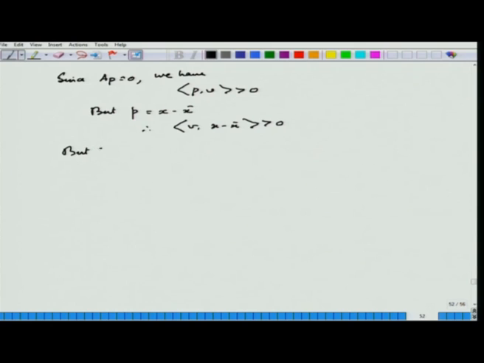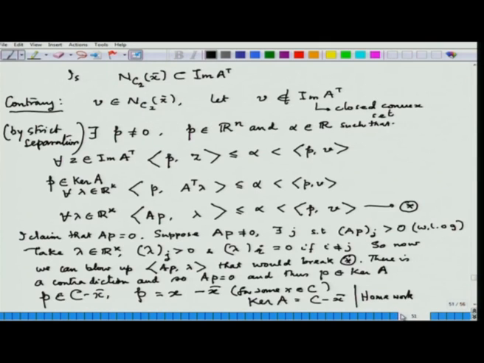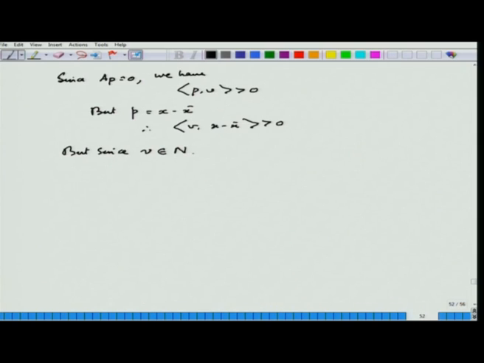But since V is an element of C2, so V is an element of NC2 at x bar, and that would imply V of x minus x bar is less than or equal to 0, and thus a contradiction.